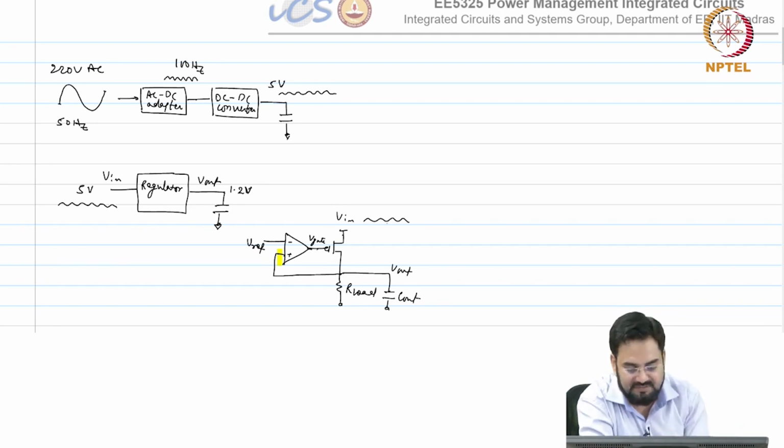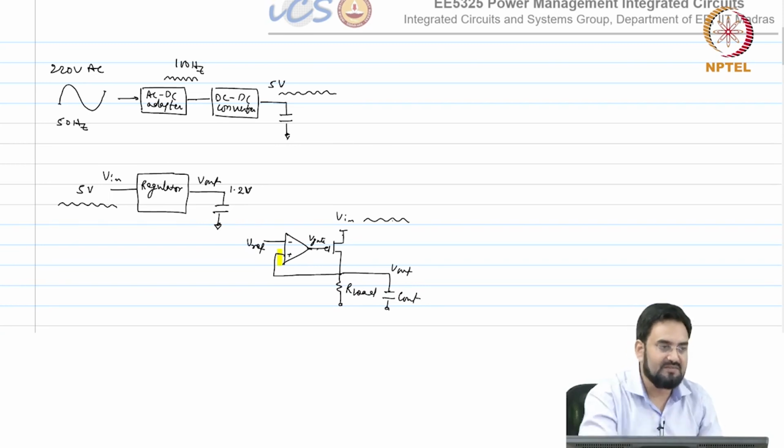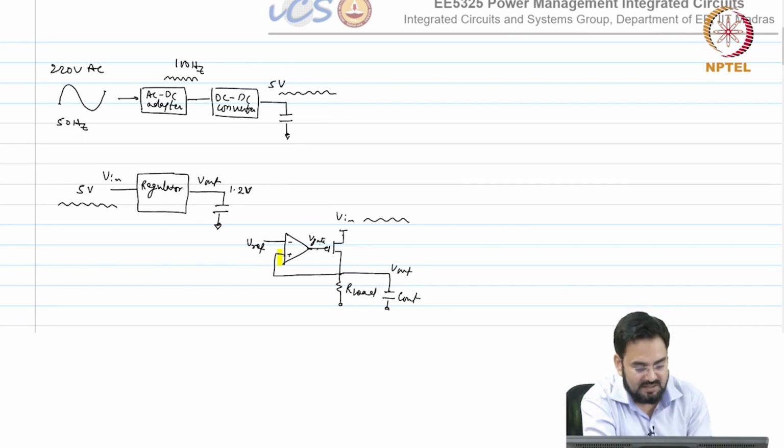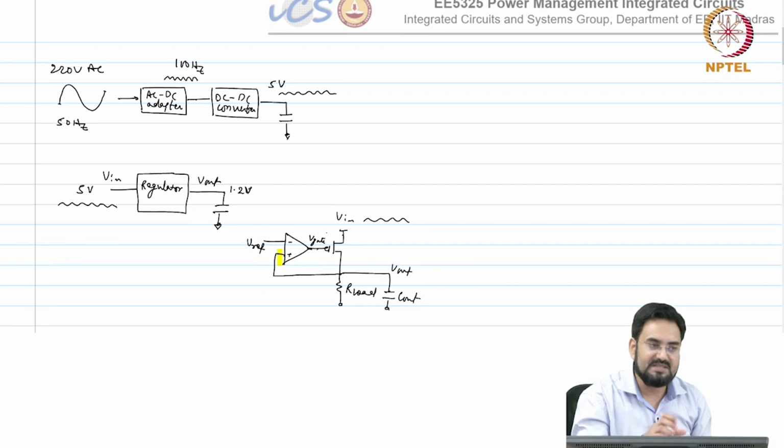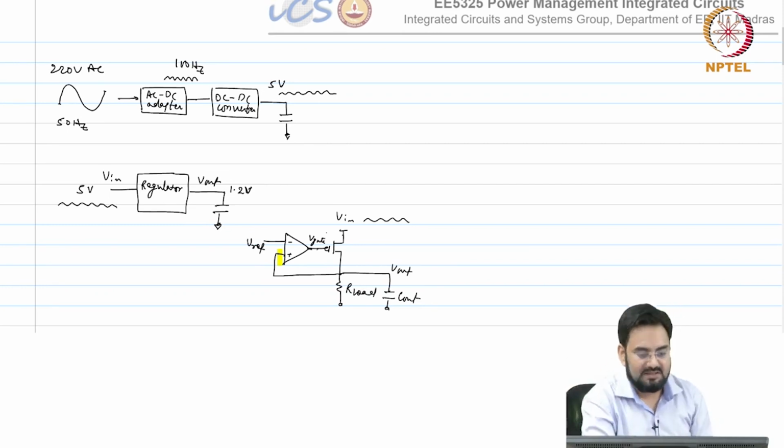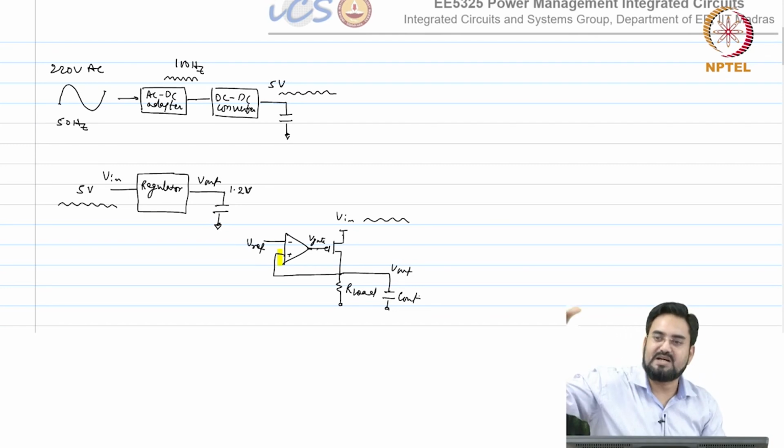If the AC variation at V in is more than the bandwidth of this amplifier, then it cannot track. In that case, some portion will appear at the gate, but very small, which means it will keep on amplifying as you keep increasing the signal frequency, and more will appear at the output.